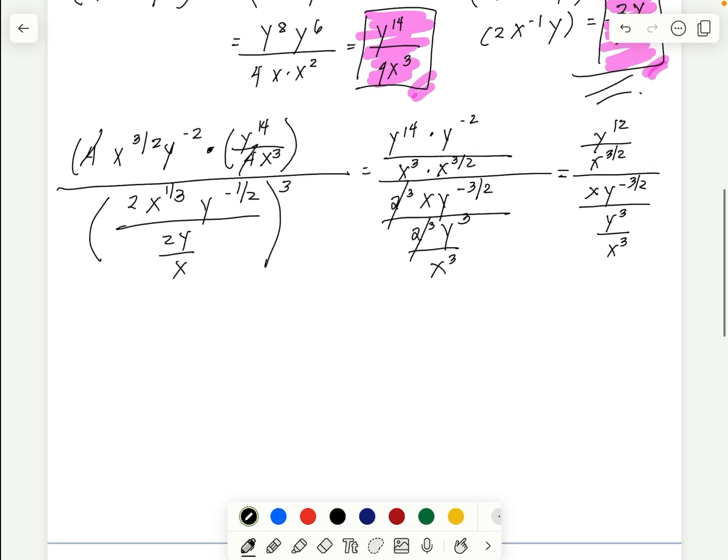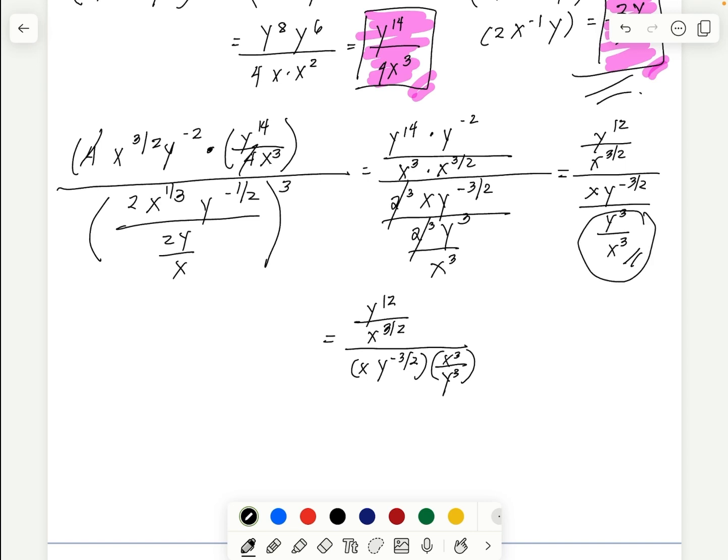And then let's simplify this last expression. Simplifying this, you get y raised to 12 over x raised to 3 halves divided by x, y raised to negative 3 halves times x cubed over y cubed. So I get the reciprocal of this.